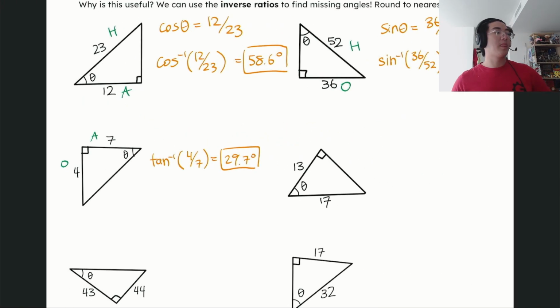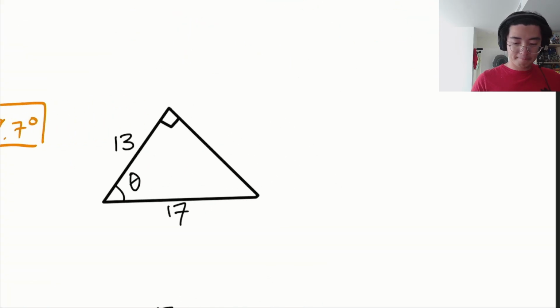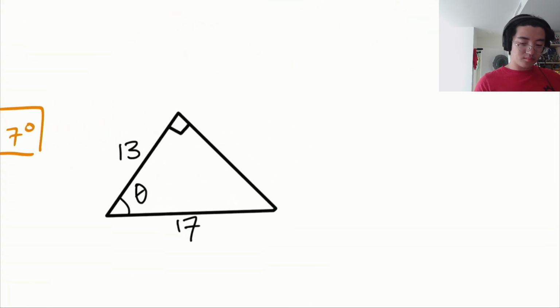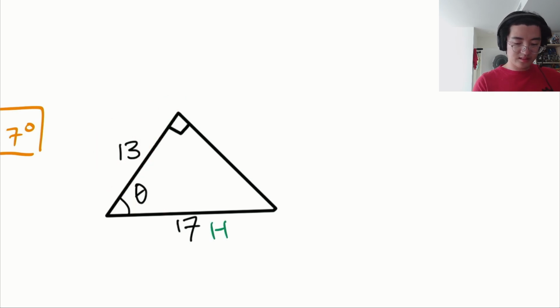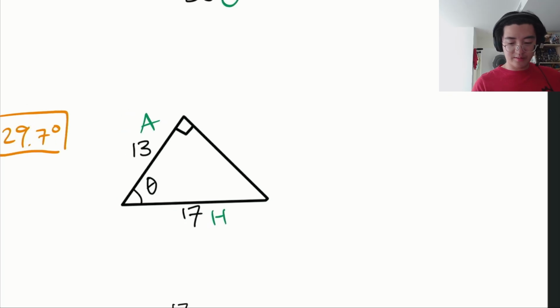Next, we're given the hypotenuse, and we have this line here that's touching this angle, the adjacent. So we must use inverse of cosine, which is adjacent over hypotenuse.